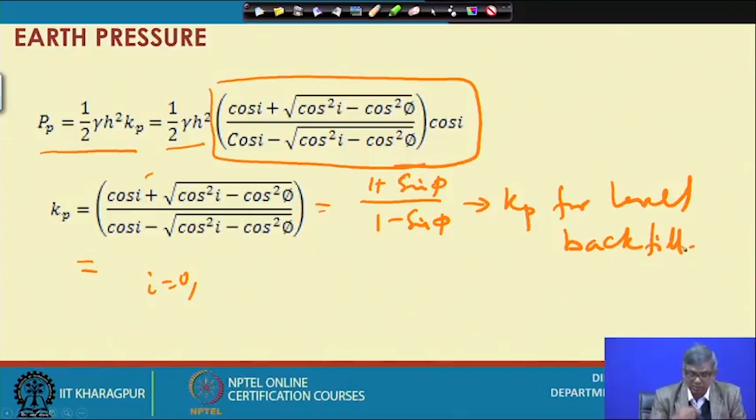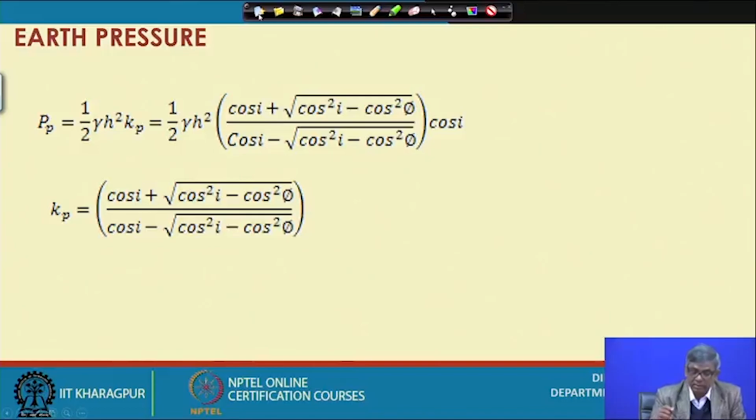Okay. So this way you can do it. So we have now got Rankine's method for level surface, and now we have got the inclined surface, both active pressure and passive earth pressure.